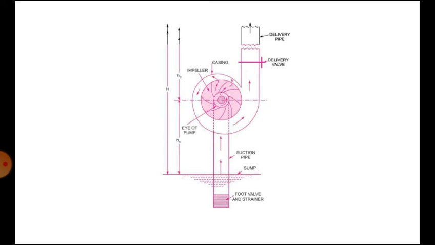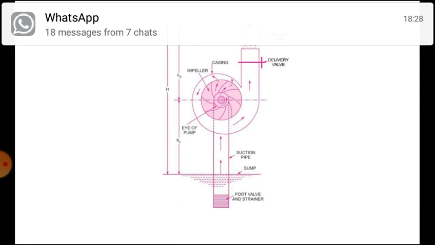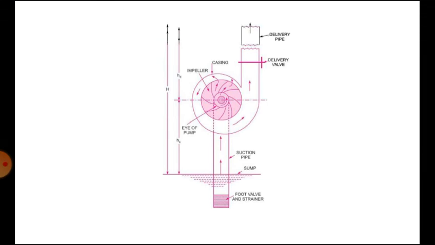Now, if I write the Bernoulli's equation, we know the Bernoulli's equation. You can write it at a point below the center, at the entry of the impeller, point C. Bernoulli's equation at the impeller entry: P1 by rho g plus V squared by 2g, the velocity head, plus the datum head, the height Z1.